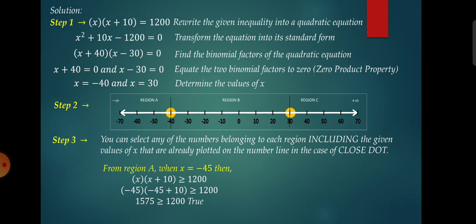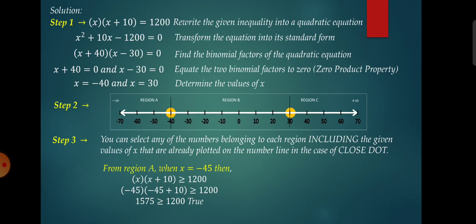So when x is negative 45, once plugged into the inequality x times x plus 10 greater than or equal to 1,200, it would become: put the x as negative 45. Okay, first parenthesis negative 45, then open close parenthesis negative 45 plus 10, then greater than or equal to 1,200.